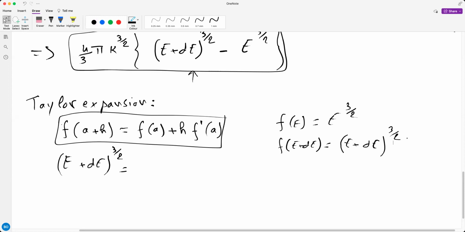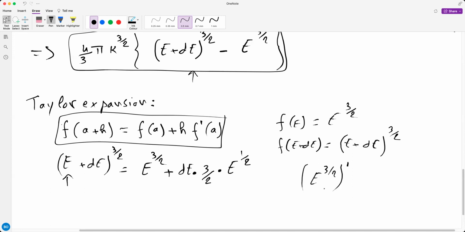So (E plus dE) to the power of 3/2 is equal to the function itself at a, which is at E, plus dE times the derivative of this function. What is the derivative of this function? 3/2 times E to the power of 1/2, just because the derivative of E to the 3/2 with respect to E is equal to 3/2 E to the power of 1/2. Are you following? Is this clear for everyone?